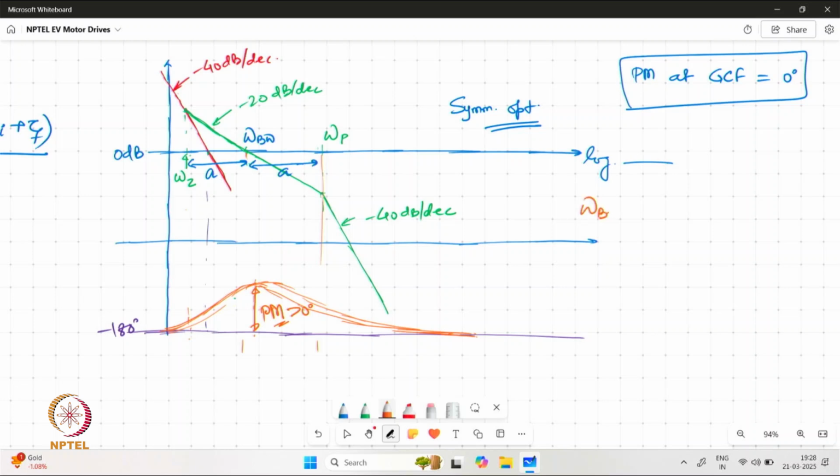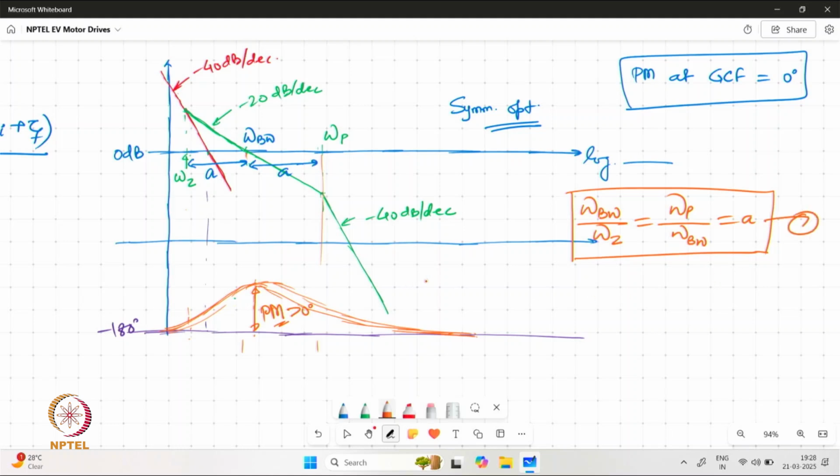So we can write the condition that we are imposing on account of the symmetric optimum method. It's kind of a geometric progression we are trying to have between these different frequencies. This is one of the conditions that we have for solving the values of Kp and Ki.